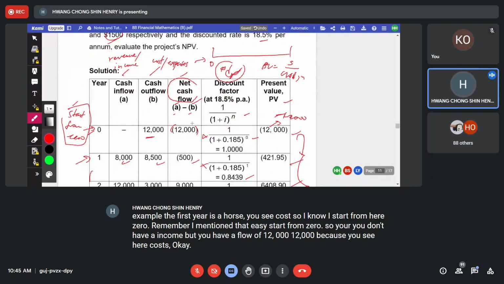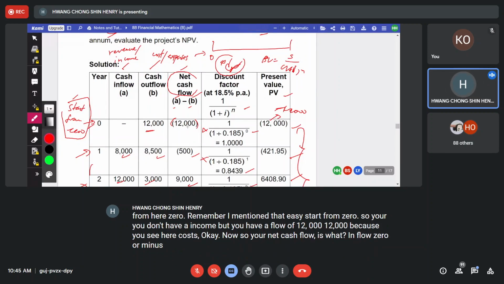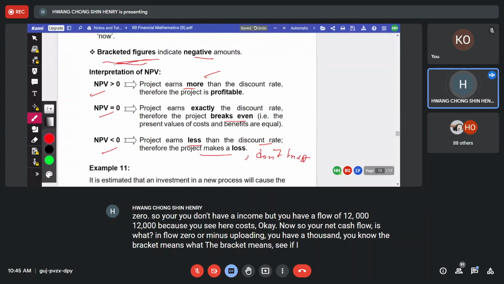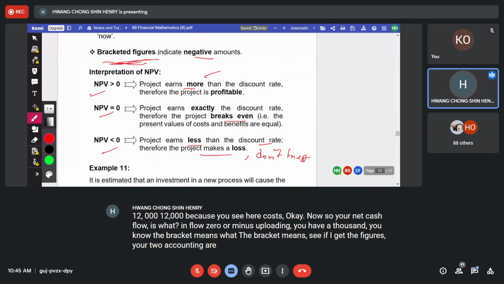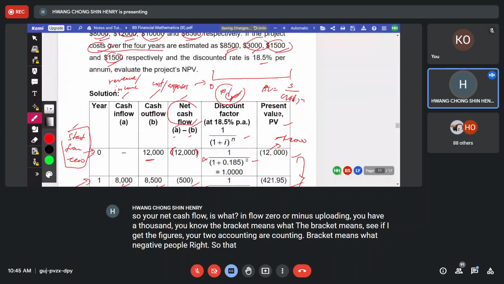Now, your net cash flow is what? Inflow 0 minus outflow, then you have 12,000 in brackets. You know what the bracket means? In accounting, the bracketed figures mean negative, right? So that one shouldn't be a problem. You all should know that.